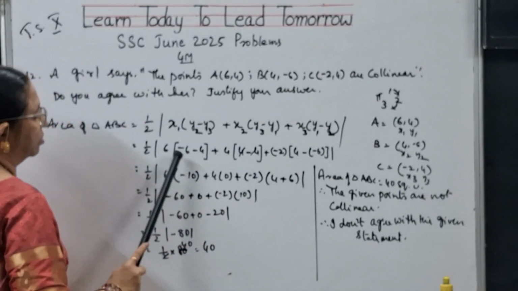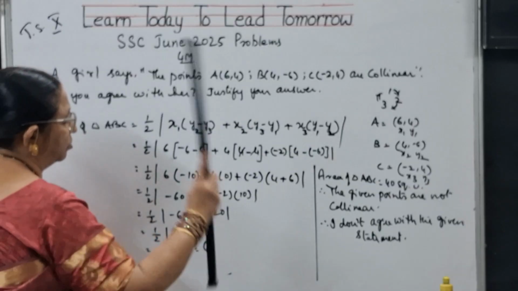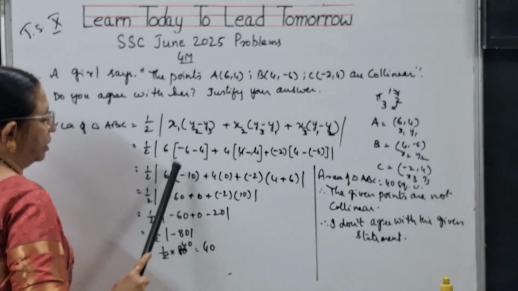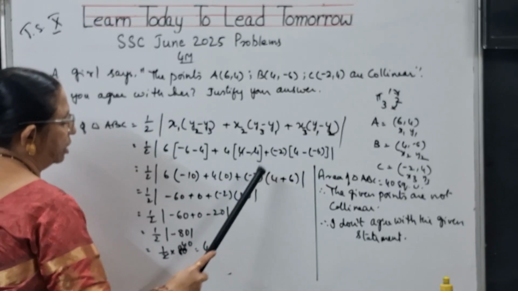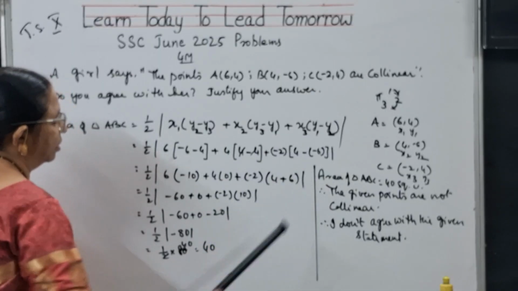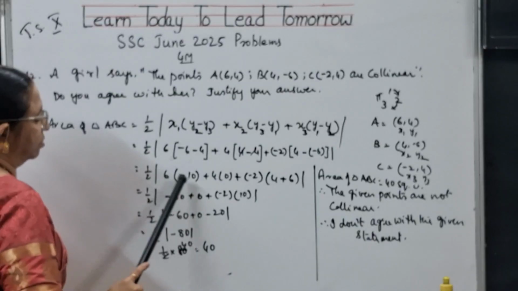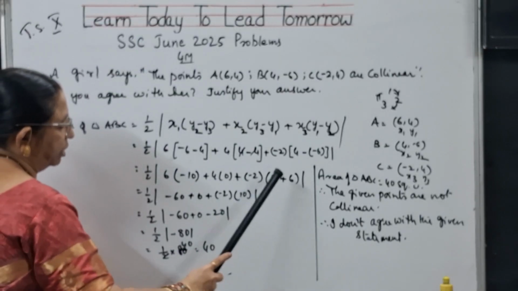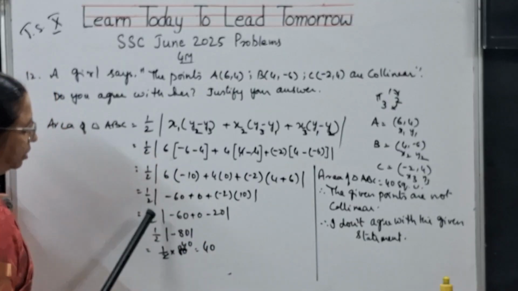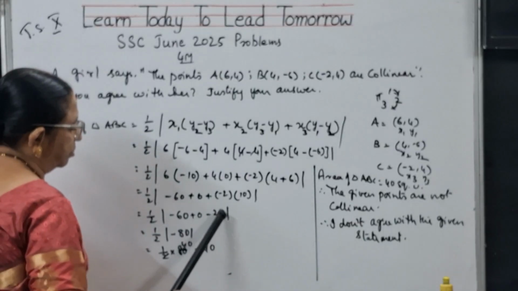So half into 6 into, so the concerned values I have taken, children. On simplifying, 6 into minus 10 plus 4 into 0, minus 2 into 4 plus 6. So that is 6 into minus 10 is minus 60 plus 0 minus 2 into 10, you will be getting minus 20. So minus 60 plus 0 minus 20.